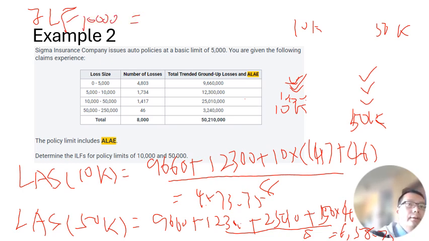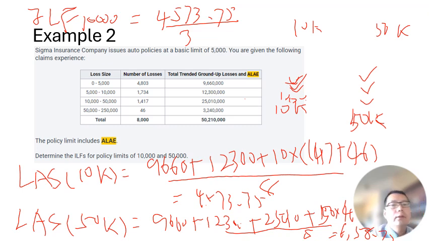Then you can calculate the ILF for 10K to be 4573.75 divided by the basic limit LAS, so you also need to calculate the base, which you can calculate in a similar way.